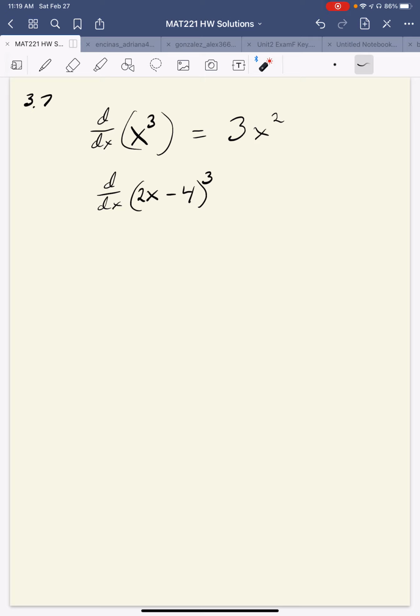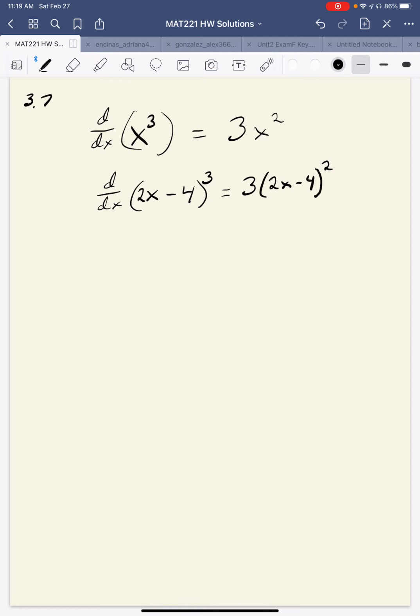Rather, it's a function, something other than just x raised to a power. So the chain rule tells me that I first apply the power rule, 3 times the term that is being raised to that power, and then 3 minus 1 is 2.